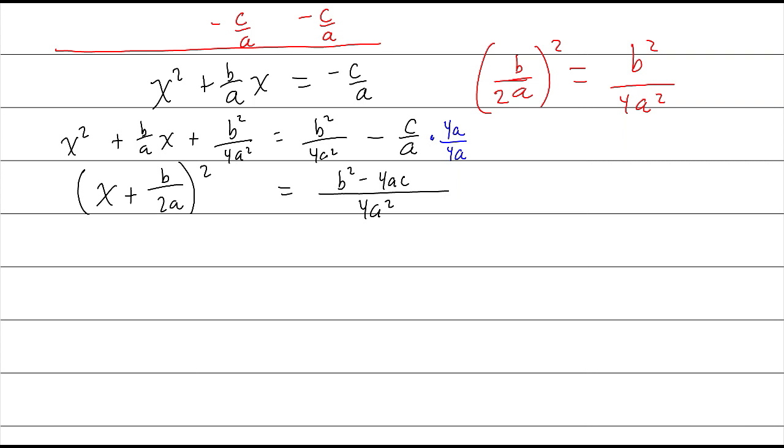I use the square root principle. Remember, that says I can take the square root of both sides, and that will give me a positive and a negative square root of b squared minus 4ac over 4a squared. Keeping in mind that I can just take the square root, and instead of putting it over the whole thing, I can do it over the top and the bottom separately.